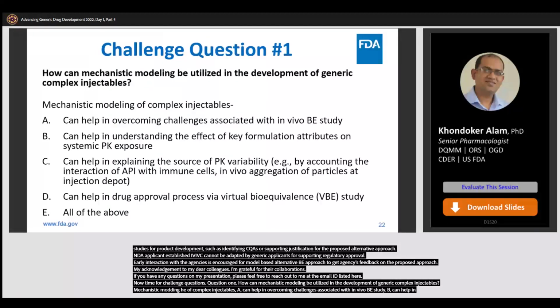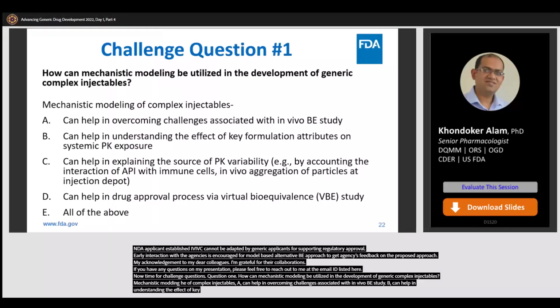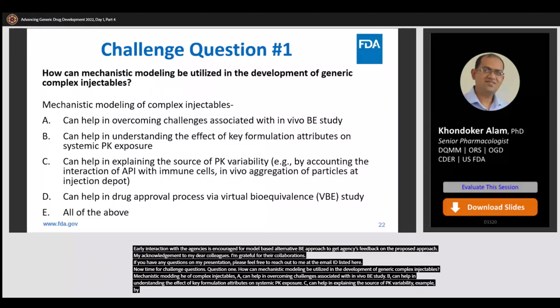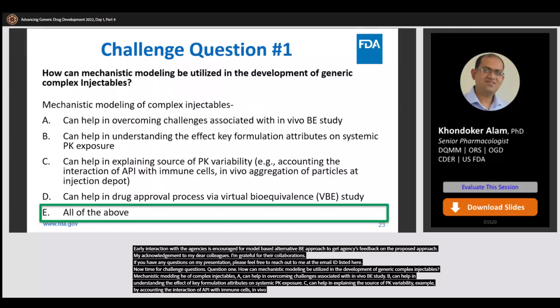C: It can help in explaining the source of PK variability, for example, by accounting for the interaction of API with immune cells, in vivo aggregation of particles at the injection depot. D: It can help in the drug development process via virtual bioequivalence study. E: All of the above. The answer is all of the above.